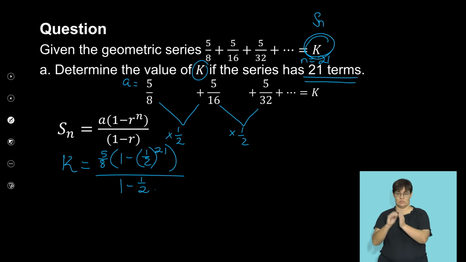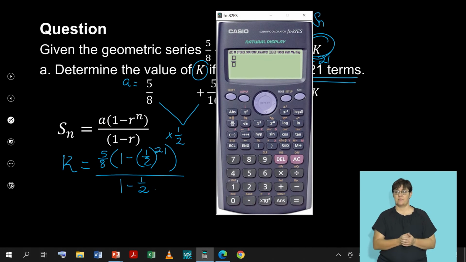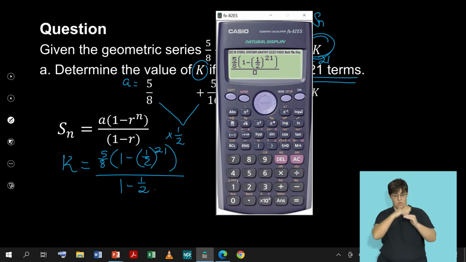Wonderful, let's plug this all into our calculator. So I've got 5/8 over 1 minus a half, to the power of 21, all over 1 minus a half.